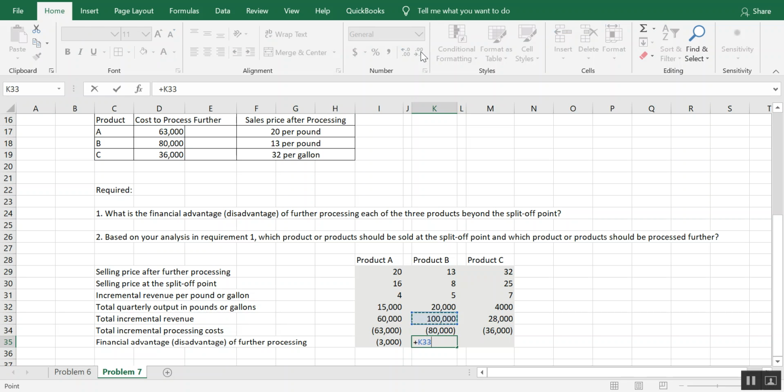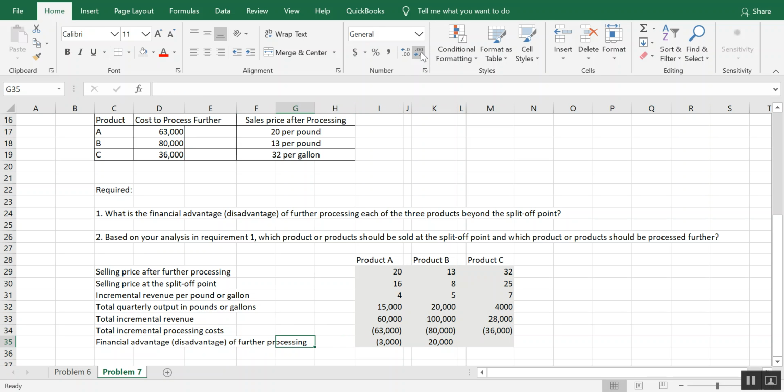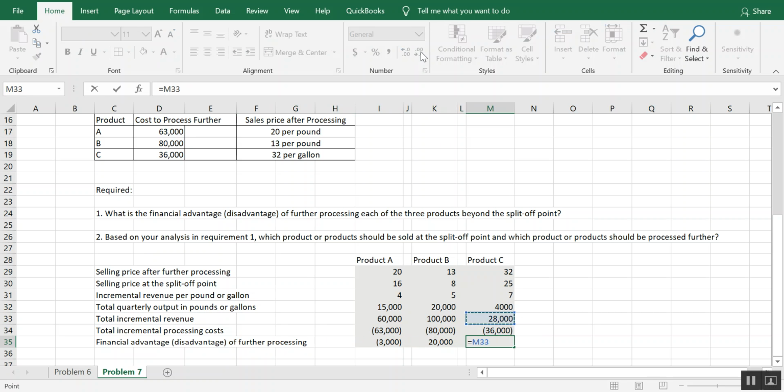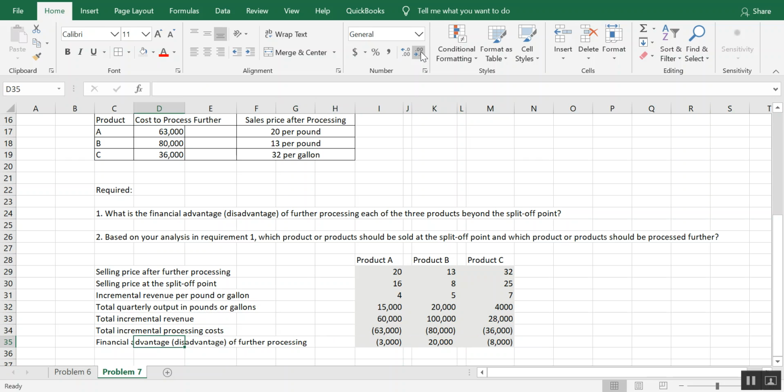With this one, we're going to have a positive number, $20,000. That means we have a financial advantage of processing it further. And with this one, we're also going to have a negative number, which will be the 8,000. Because it's a negative number, this is a financial disadvantage of processing further.